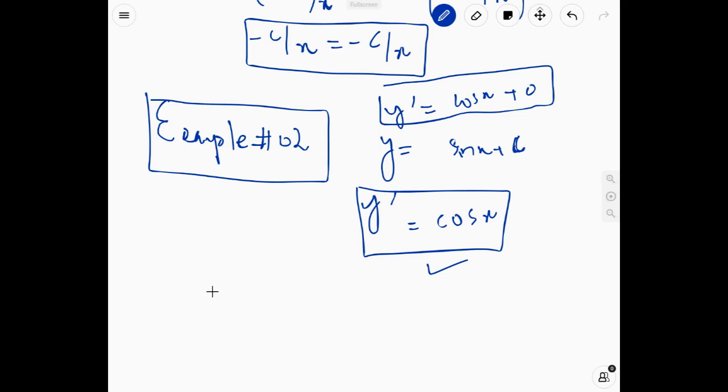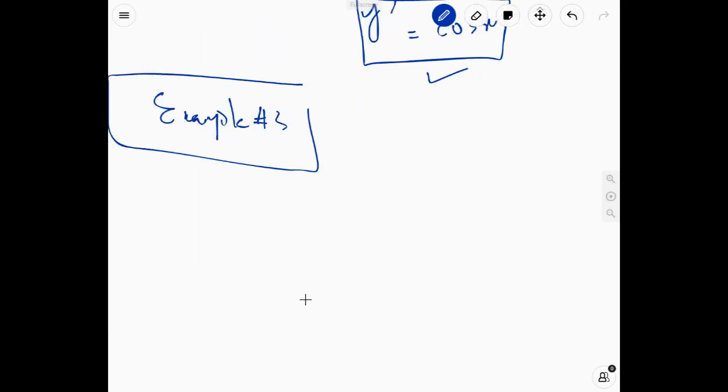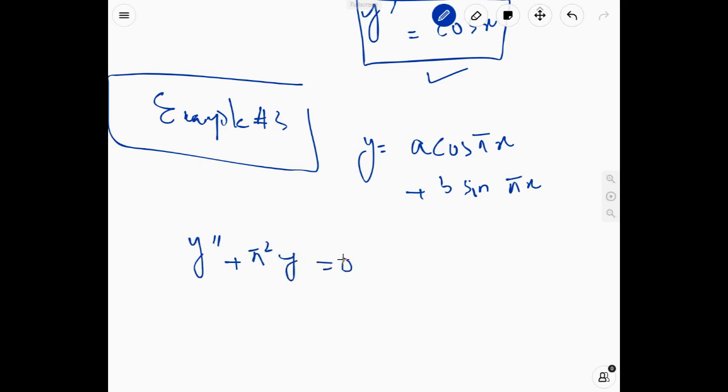The next example is quite important. In example number 3, you have to verify that y is equal to a cos pi x plus b sin pi x is the solution of y double prime plus pi square y is equal to 0.